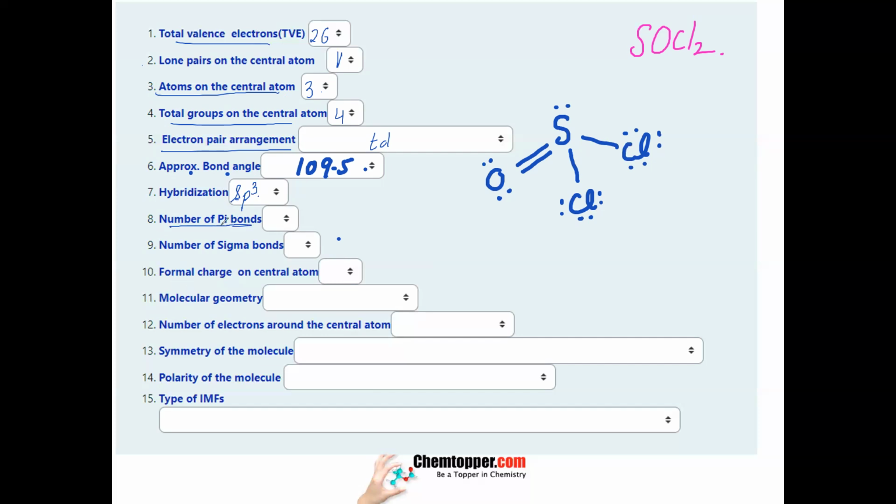Number of pi bonds? Yes, one. Number of sigma bonds? Sigma bonds are 3. Formal charge on the central atom? Check the formal charge on the central atom. Remember the equation? Valence electrons minus number of bonds minus 2 times lone pairs.